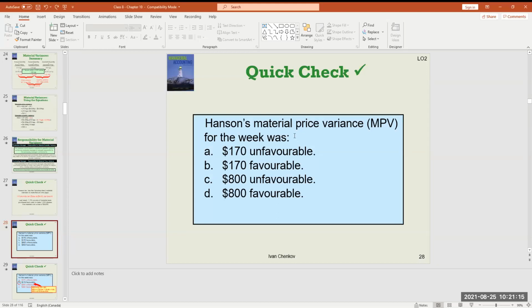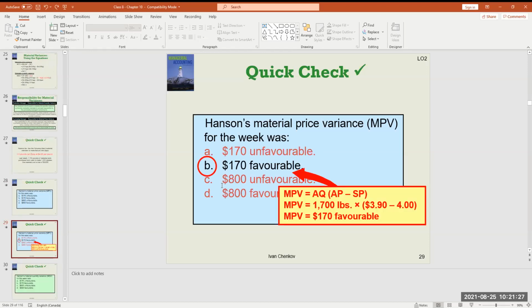This company's material price variance for the week was how much? B, 170 favorable. Yes, that is correct. The other way to calculate it is you're not moving the actual quantity, you're just changing the actual price from $3.90 to $4, times the actual quantity, which gives you 170 favorable.